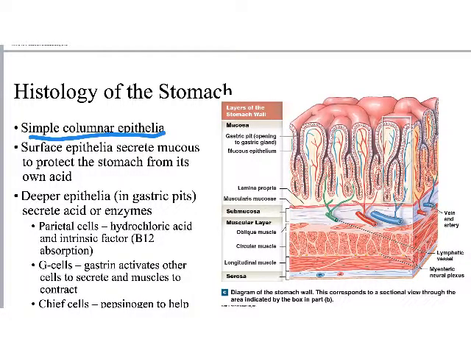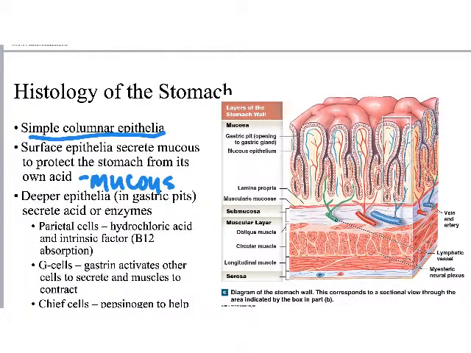We have simple columnar. The surface epithelia, the epithelia right on the inner side of the stomach, needs to be protected from the acid which the stomach itself produces. And it does that by secreting mucus. And we'll talk more about that in physiology.